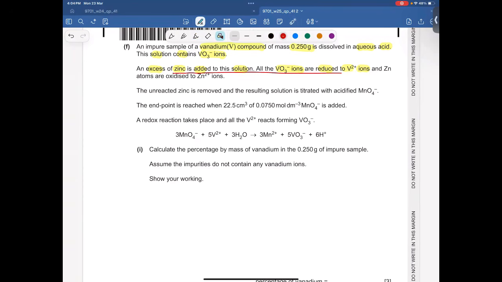I've given you the concept about this successive reduction. I've given you two different scenarios in electrochemistry: successive oxidation and successive reduction. So it is an example of successive reduction, in which vanadium(V) will turn to vanadium(IV), vanadium(IV) will turn to vanadium(III), and then vanadium(III) will turn to vanadium(II) ions.